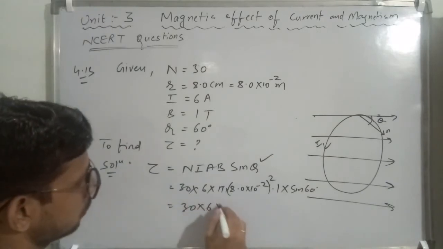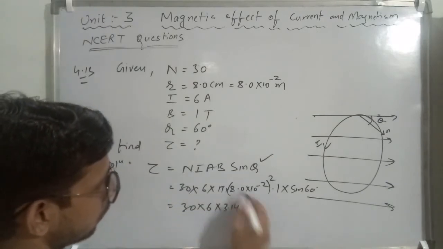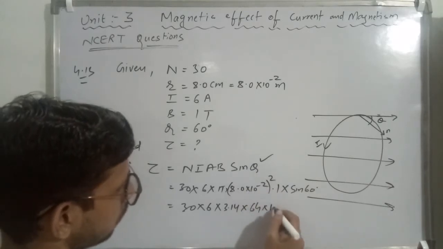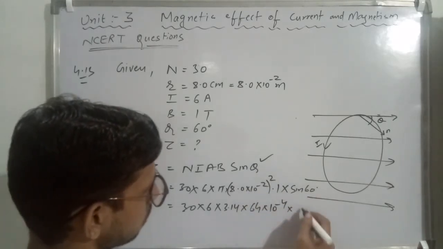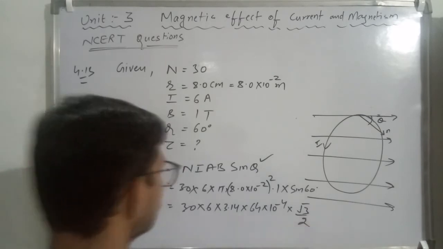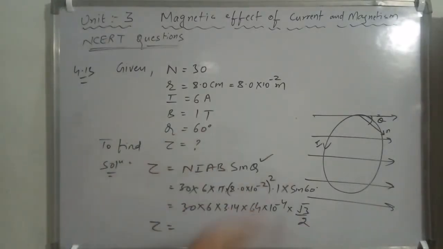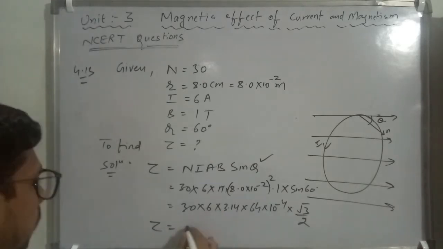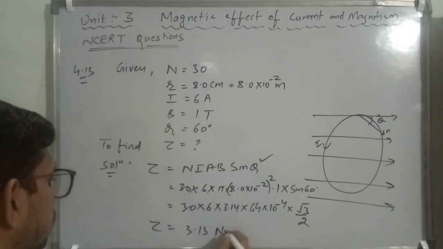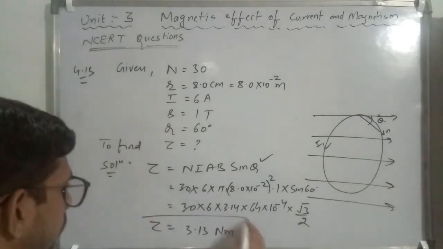So 30 into 6 into 3.14, into 64 × 10 to the power minus 4, sine 60 is root 3 by 2. By calculating this we will get the answer, which is 3.13 Newton meter. Newton meter is the unit of torque.